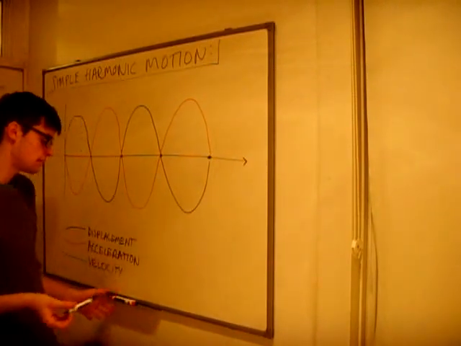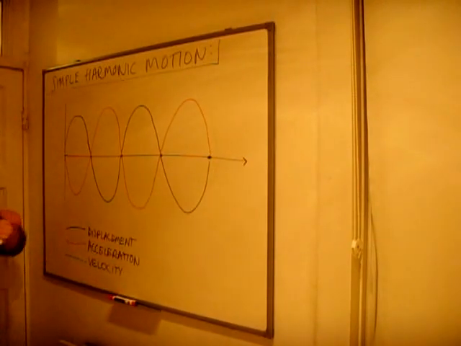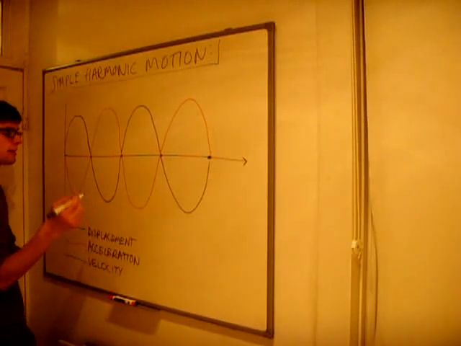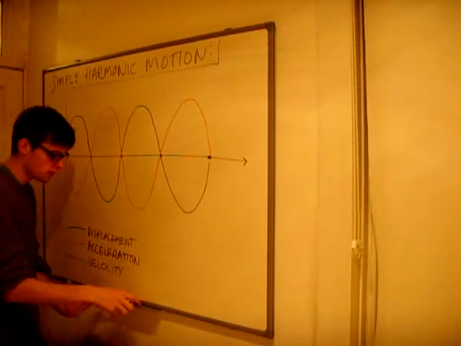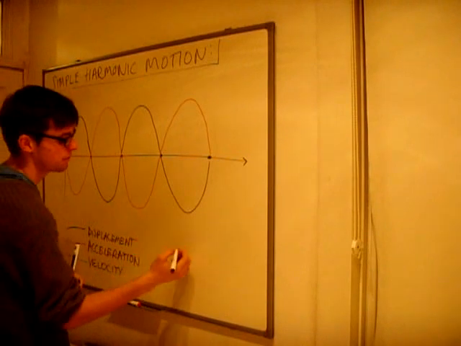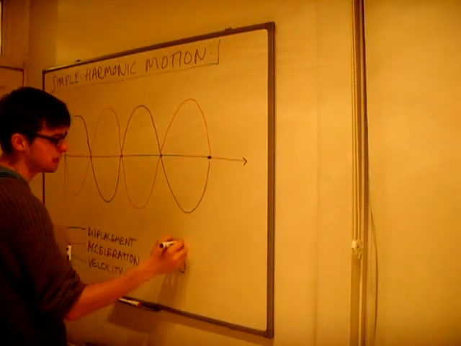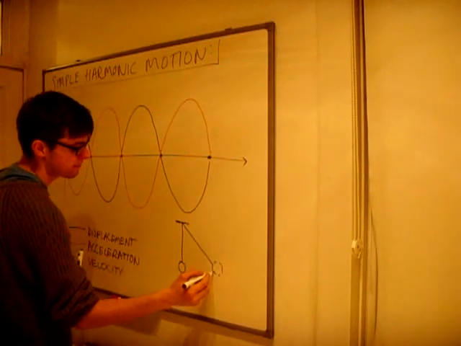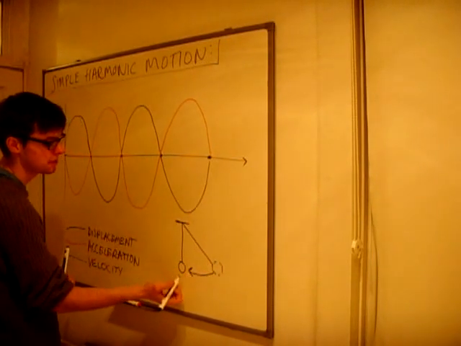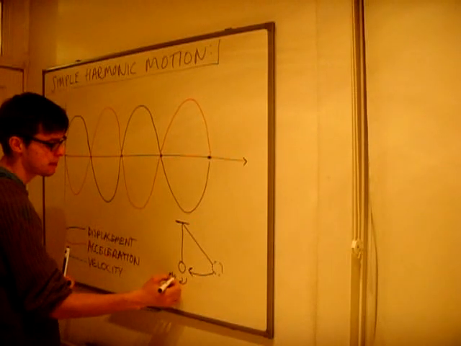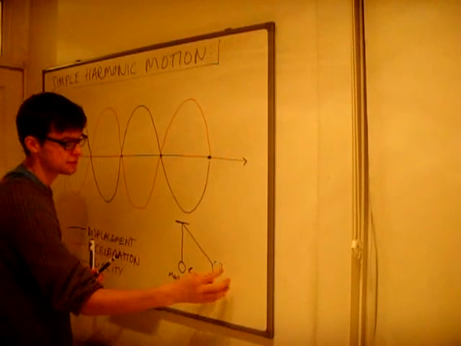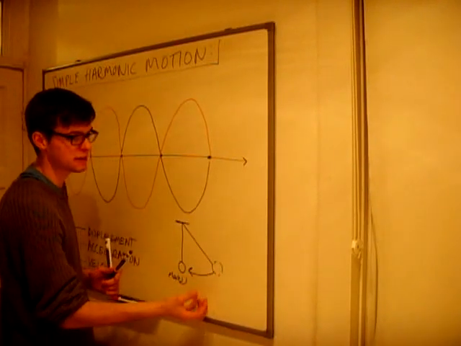To show velocity on the graph, you need to think about when is the maximum velocity and when is the minimum velocity. If I show on a diagram a pendulum as it passes through the equilibrium position, it must have maximum velocity, because it's gained the most kinetic energy.